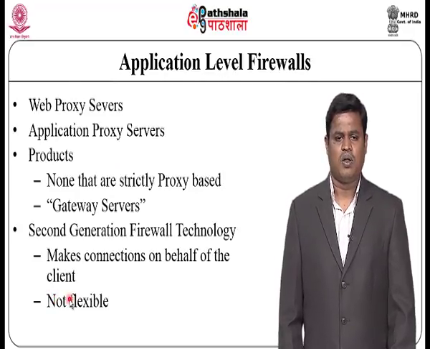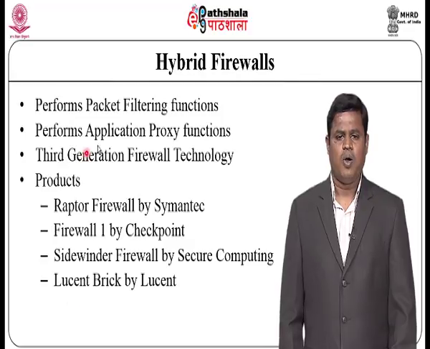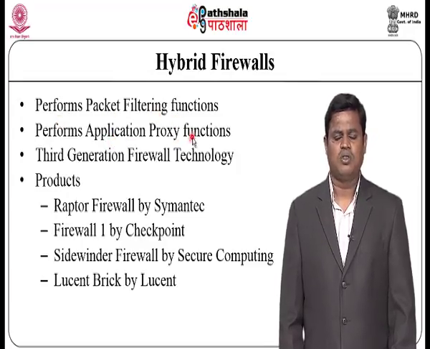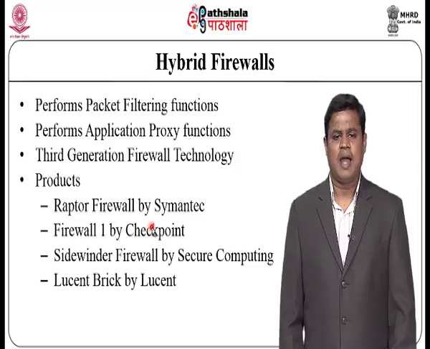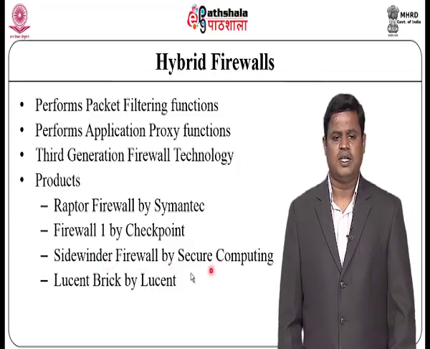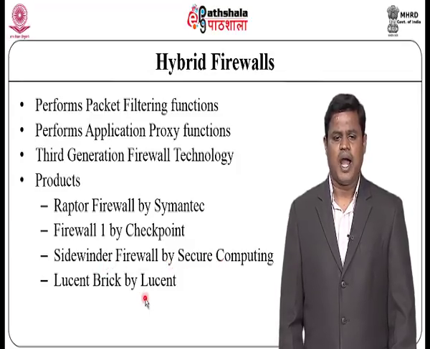But it does not have the flexibility of the first generation firewall. So we come out with a hybrid firewall, which performs both packet filtering and application proxy functions, combining the first and second generation, and this is third generation firewall technology. Some products available in the market are Raptor firewall by Symantec, Firewall-1 by Checkpoint, Sidewinder firewall by Secure Computing, and Lucent Brick by Lucent.